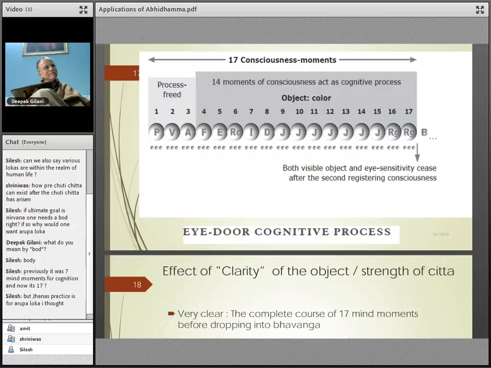But then Silesh is asking the further question that jhana practice is for Arupa Loka. Yeah, Arupa Loka in the present. No, dhyana practice, arupa dhyana, means you are using a formless object like space or infinite consciousness, a mental imagination, for concentration.